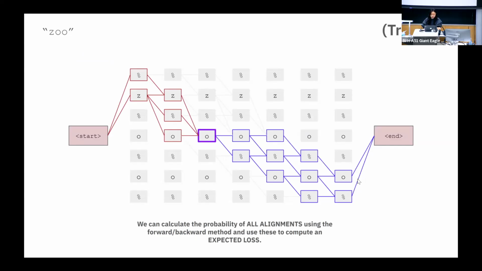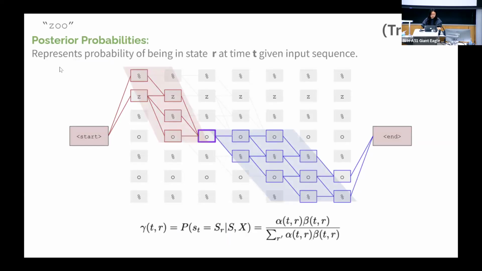Then we can calculate the posterior probability. The posterior probability represents the probability of being in state r at time step t, given the input sequence. The r here is O, and the time step t here is time step 3.